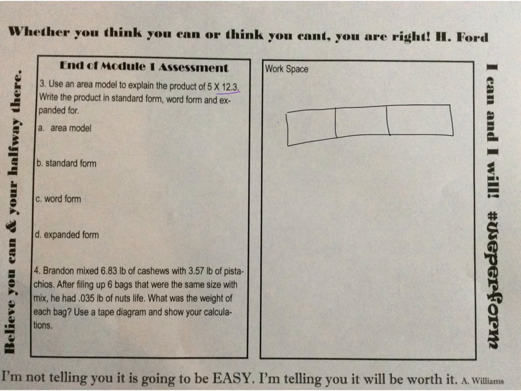So the row will label with 5 because that's our first factor. Then we'll label each of the columns with the digits in the number. So the first one would be 1 tens. Then we have 2 ones. Then we have 3 tenths.